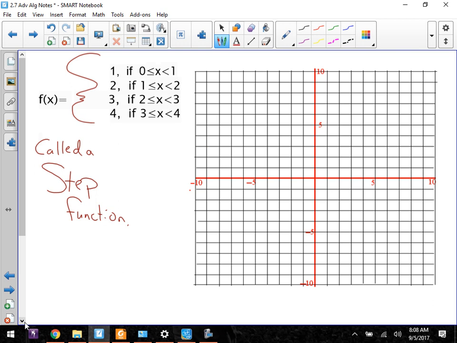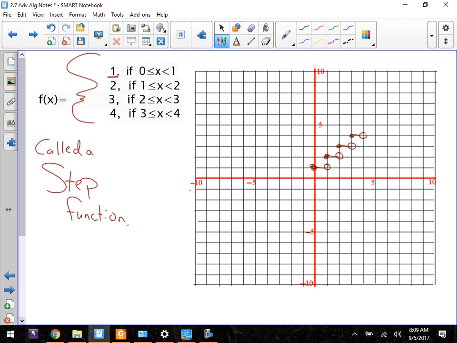So my graph is going to be equal to 1 between 0 and 1, including 0, not including 1. So a solid dot, open dot. It goes to 2, solid, open, solid, open, solid, open.